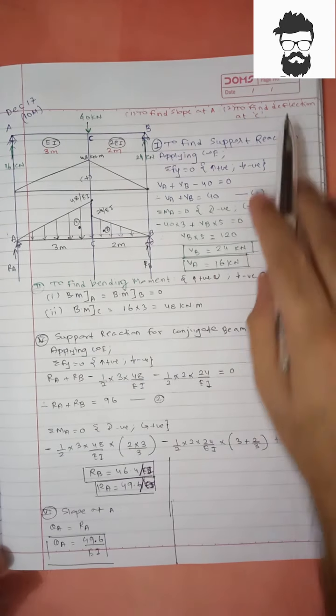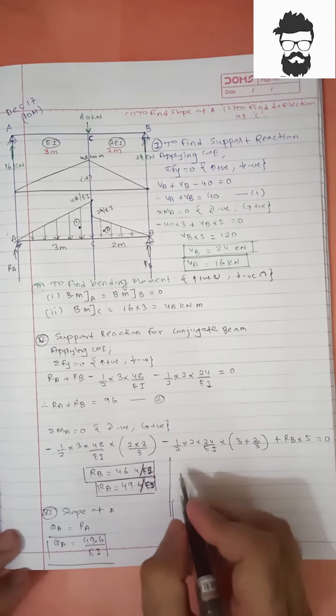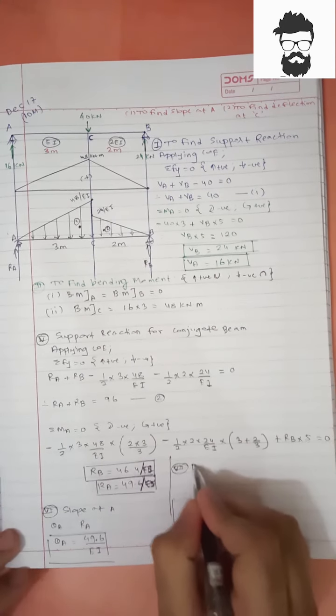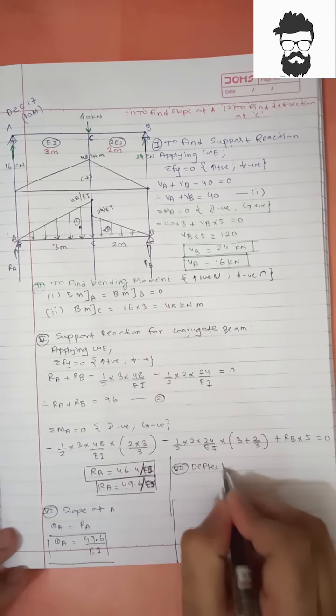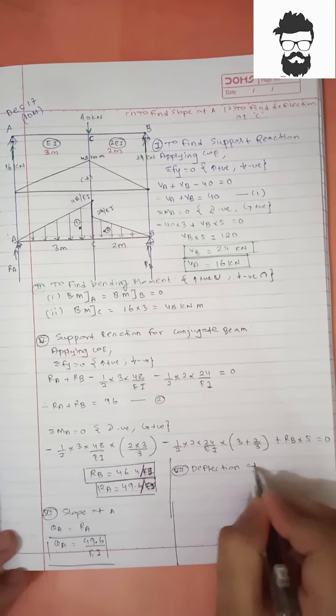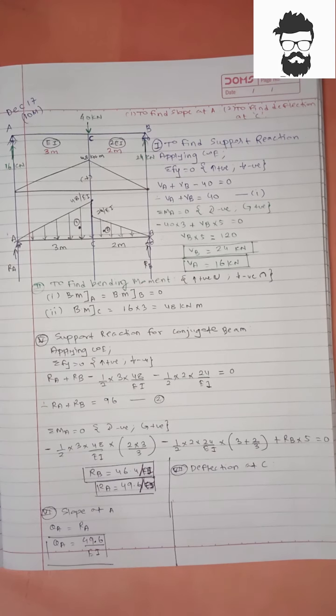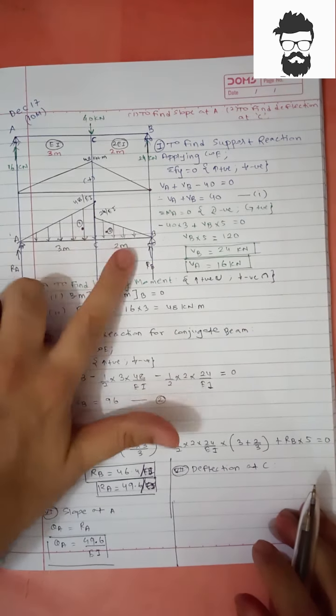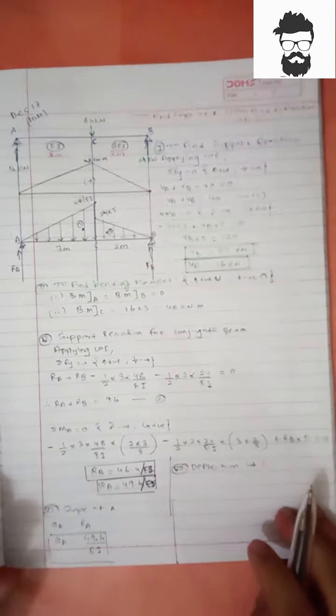And the last step is we need to find deflection at C. So for deflection at C, we need to take bending moment at C either side. So I am taking on right hand side.